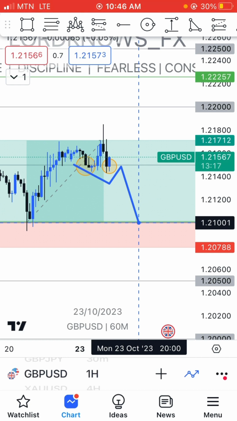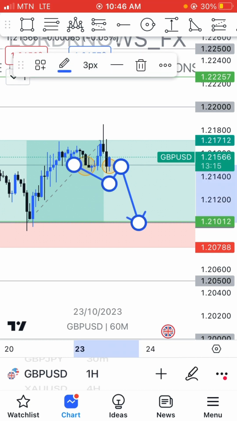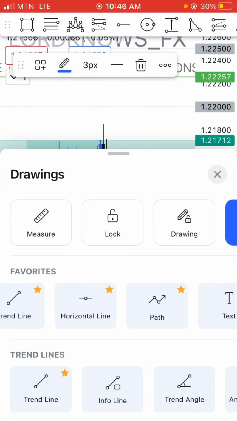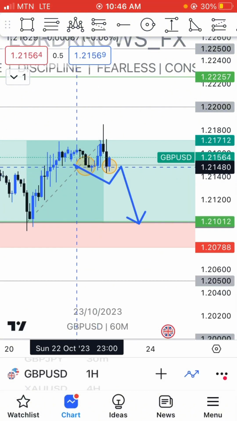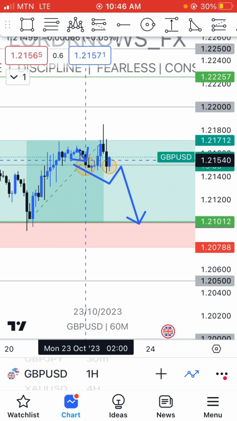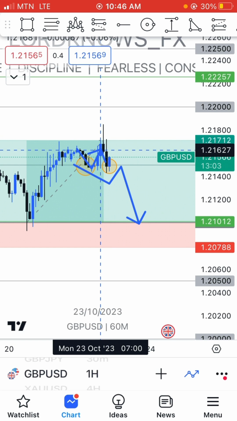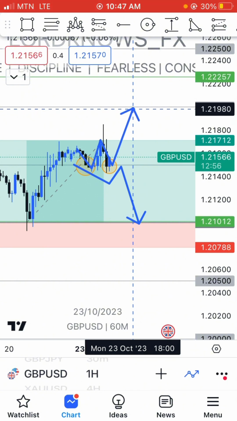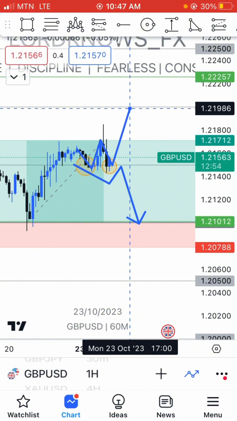If it doesn't break this support level, then I'm expecting the market to move further upwards. If here it doesn't break this zone, it is now coming for this cycle level or key level.